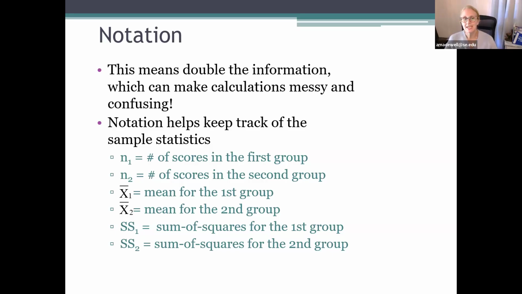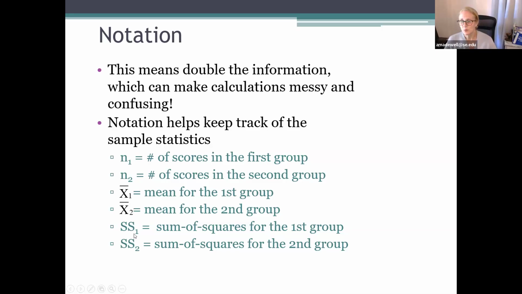Little n sub 1 is the number of scores in your first group, so the experimental drug group. N sub 2 is the number of people in our placebo treatment. X bar sub 1 is the mean for the first group. X bar sub 2 is the mean for the second group.